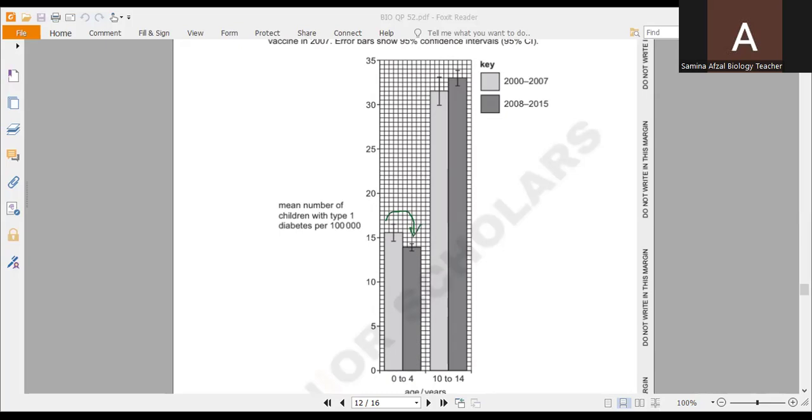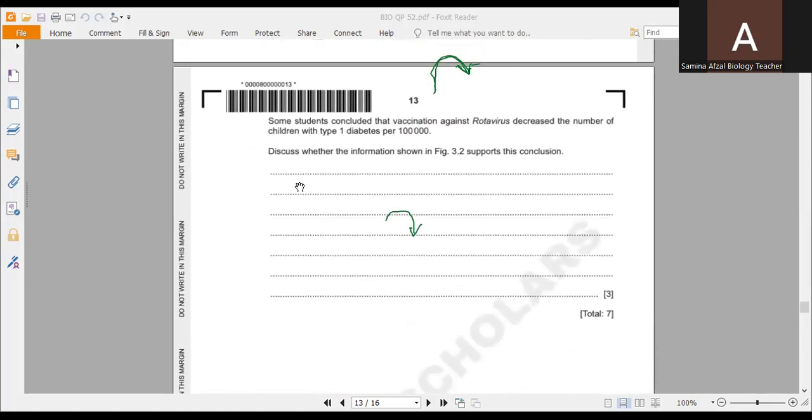Whereas on the other hand, in the control group, which was 10 to 14 age, you can see the trend. In 2000 to 2007, the number of cases was about 31, 32. But now the mean number has increased. So in the higher age group, it is also concluded that this is a disease of the lower ages.